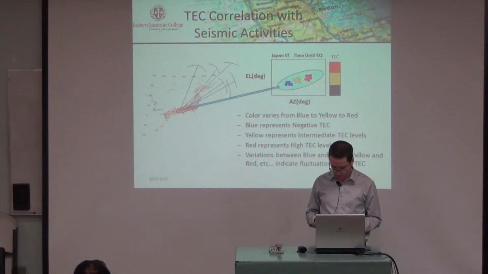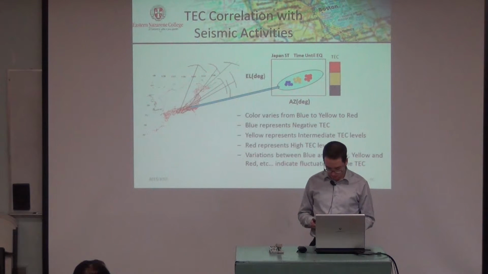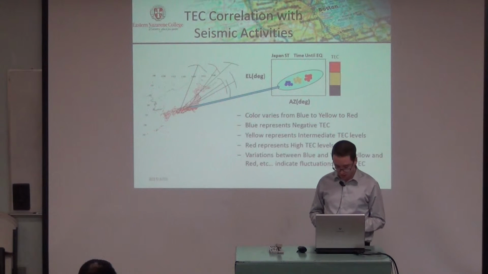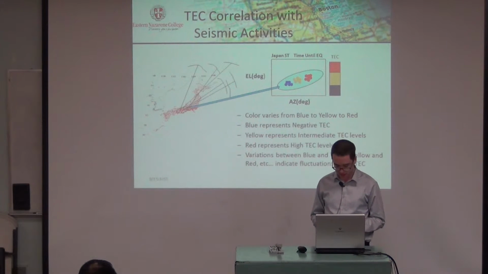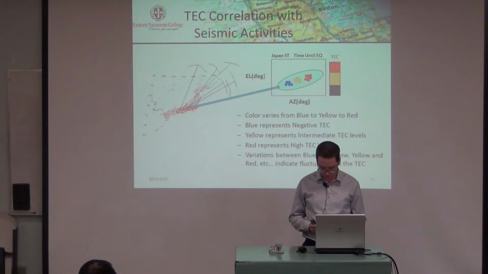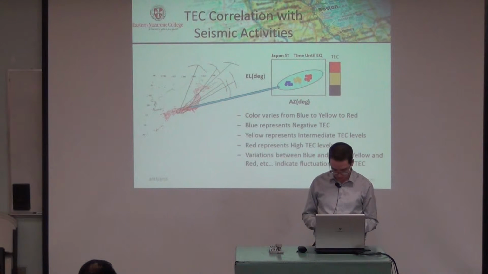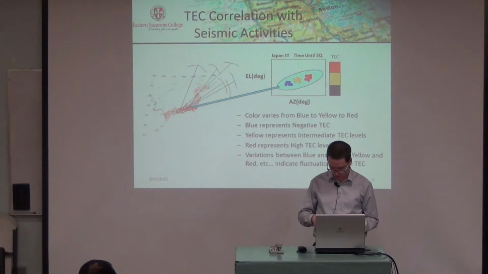You would see a TEC image which varies with time. There will be 3 primary colors in the TEC image: red, yellow, and blue. Red indicates a large amount of TEC, yellow indicates less TEC, and blue indicates almost no TEC. We want to watch carefully to see how the colors fluctuate around the time of the earthquake.